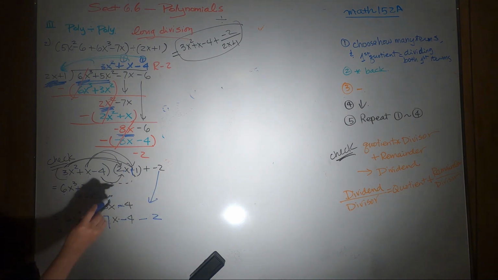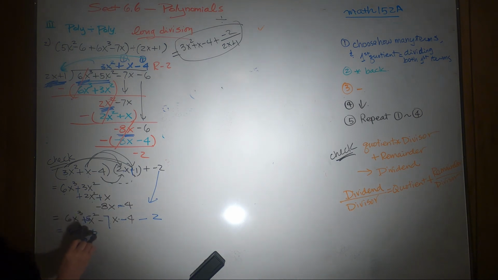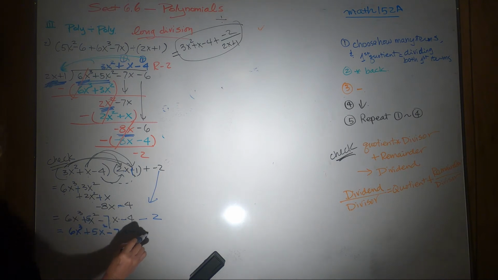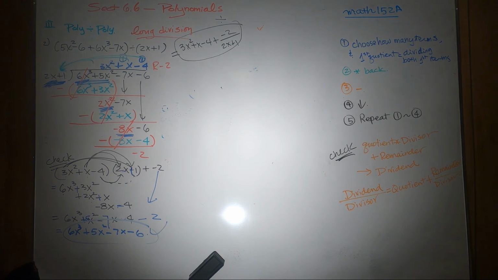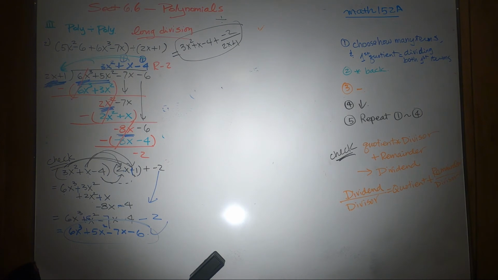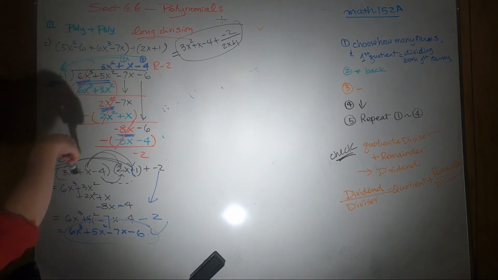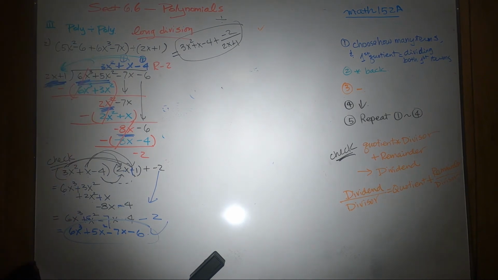So you have to add the remainder. So that would be 5x squared minus 7x minus 6. So the check is okay. You do need to check accordingly, then you know if you make mistakes or not.